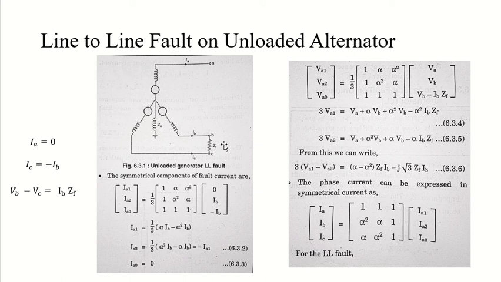So let's try to see what will be the value of the current and voltages after the occurrence of my fault. Because the fault is occurring between phase B and phase C, all the current will be flowing through these two phases.